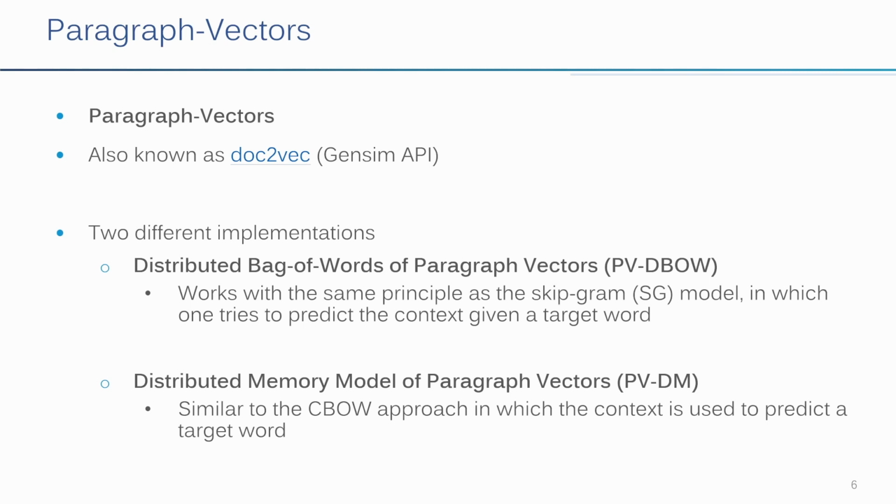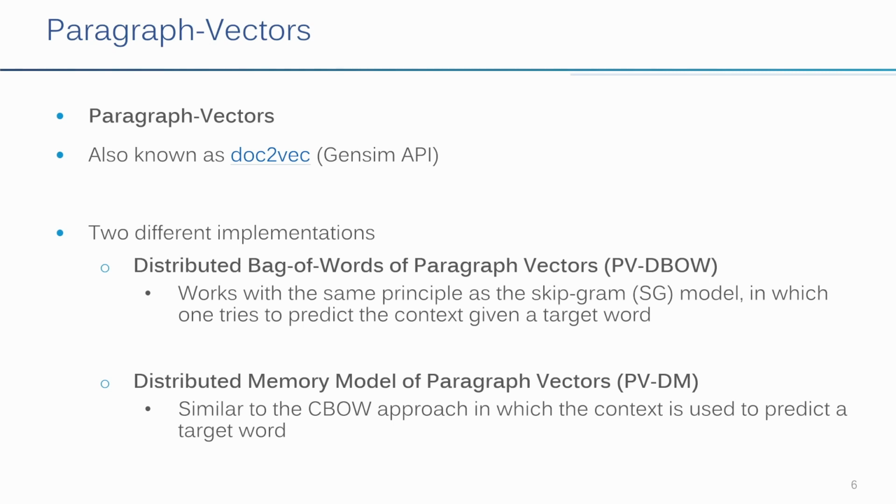So we have our context, and there is a twist to this, but we'll get there. And from this context, we try to define a specific target word. And the distributed memory model of paragraph vectors, or DM for short, is the other way around. So it's similar to the continuous bag of words, in which the context is used to predict a target word.